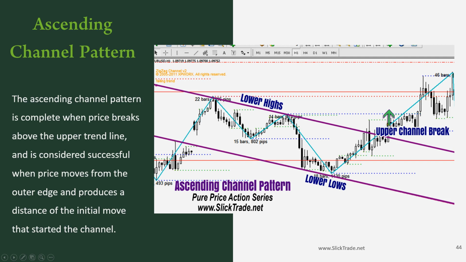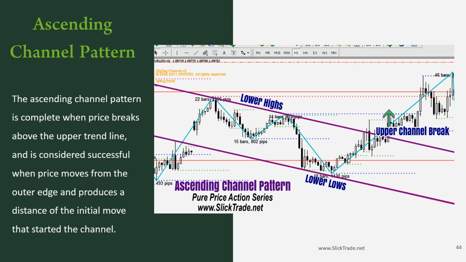And when we break this upper trend line, the top of the channel, and we move a distance of this width or more, there's a successful ascending channel trade, I guess.